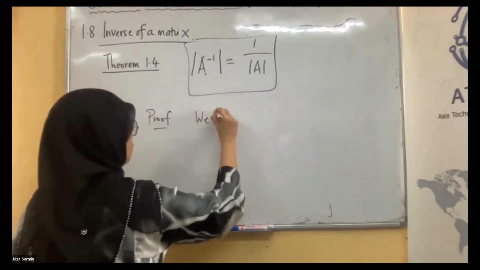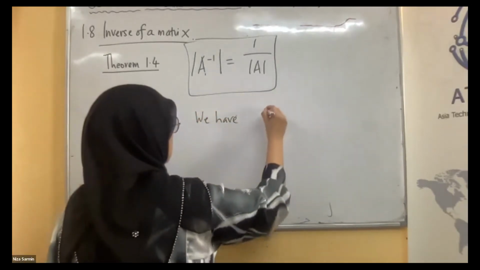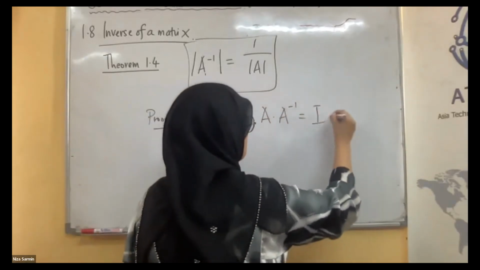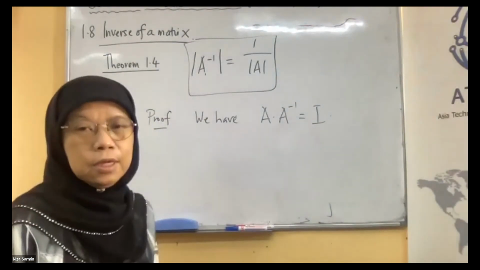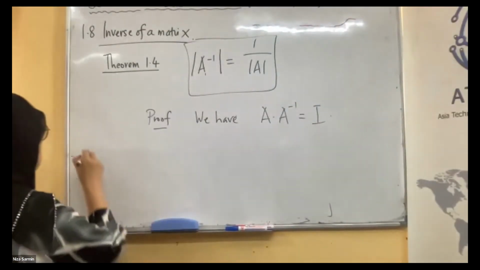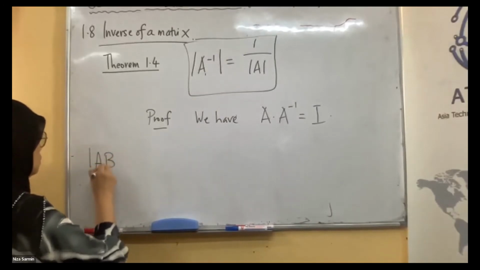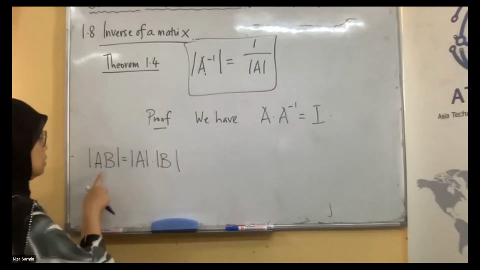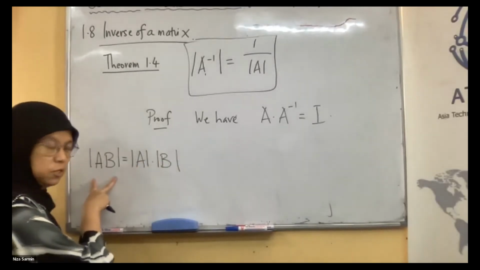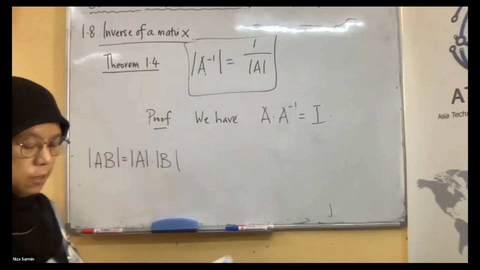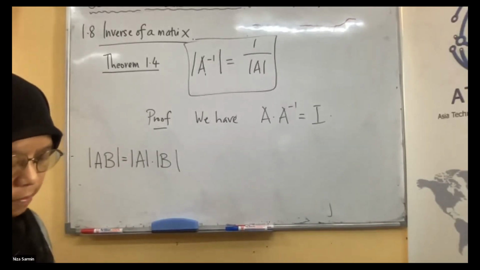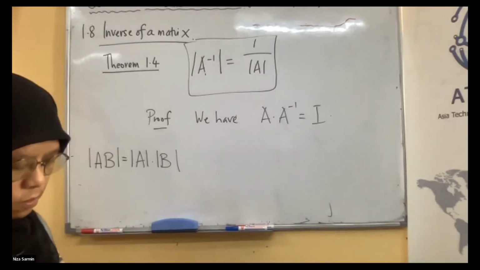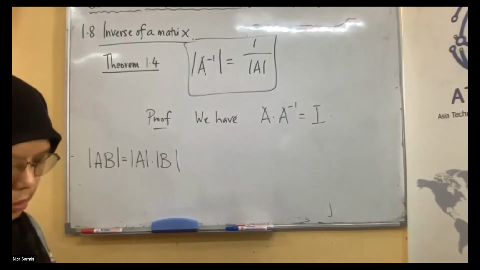We have A times A inverse is the identity, right? A property of the determinant, which I was supposed to give first: the determinant of a product of two matrices is the product of the determinants.